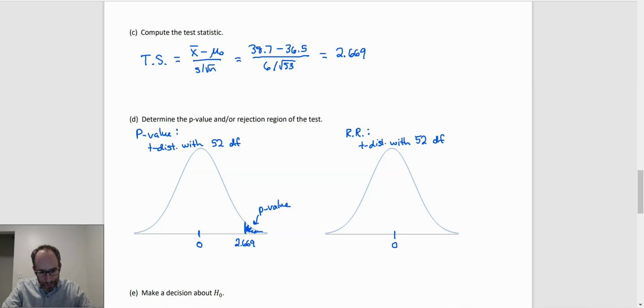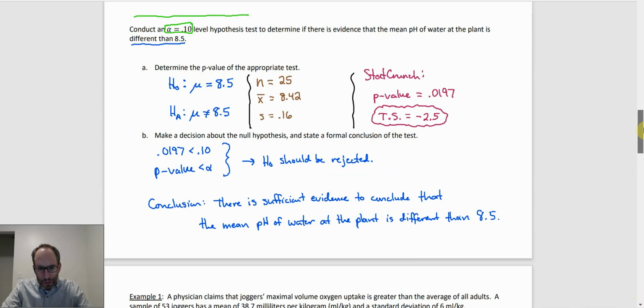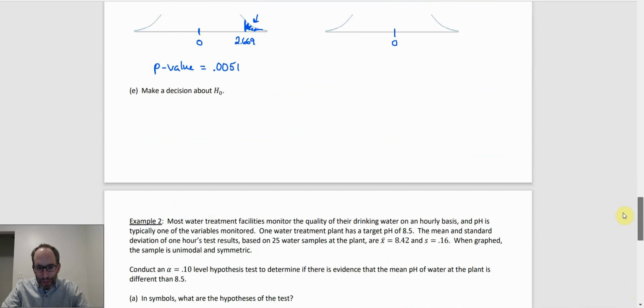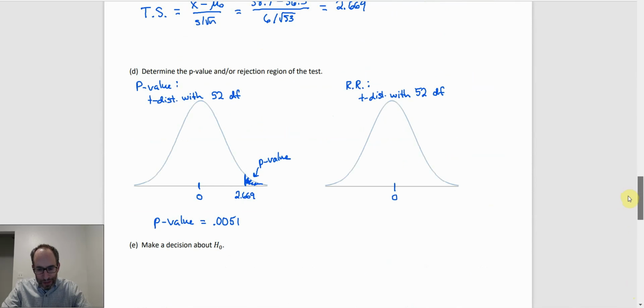So p-value of 0.0051. Let's see, did it round off the same way before? Did it go to 4 places? Yeah, right there it is from before, 0.0051. You can see it in the maroon. All right. So same p-value that we got before.